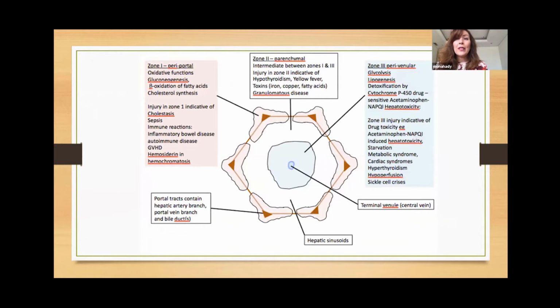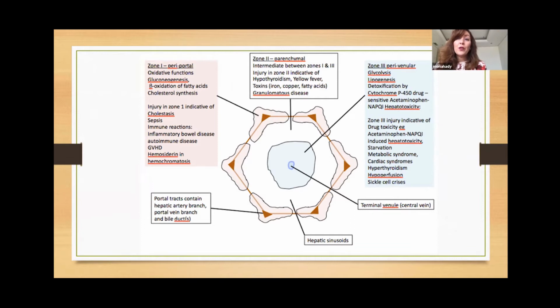As you can see from this diagram, hepatocytes in zone 1 near the portal tract are closely involved with biliary structures and with immune phenomena, and that's where we find the changes on histology, for example, in inflammatory bowel disease and other immune disorders. Whereas the cells in zone 3, furthest away from the blood supply around the central vein, are more responsible for detoxification and are rich in glutathione.